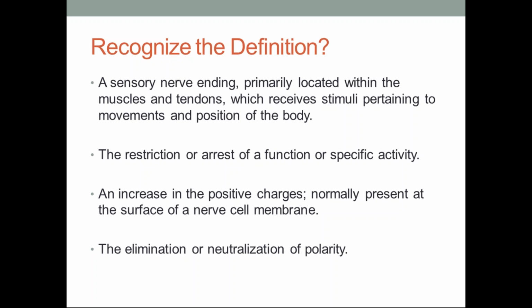Yeah, because it's referring to the outside, right? Whenever we're talking about depolarization or hyperpolarization, the textbooks refer to the inside. And I found this definition because it's referring to the surface, so the outside. And I thought, well, that'll make them think. But personally, I don't like it either. And then the elimination or neutralization of polarity is depolarization.